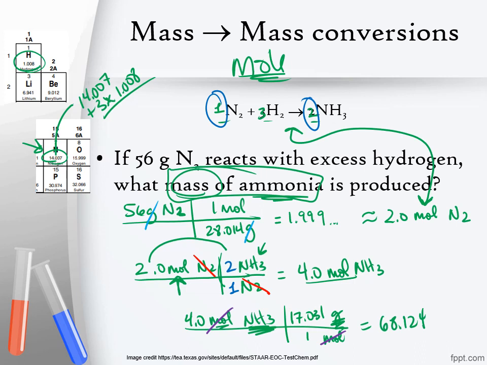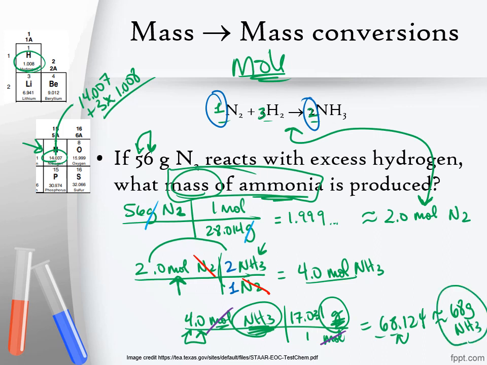Sig fig check. I get to keep 2 sig figs. So I'm going to keep 2. That 1 is going to leave that 8 and 8. And so my final answer is 68 grams of ammonia. I can make 68 grams of ammonia if I have 56 grams of nitrogen gas.